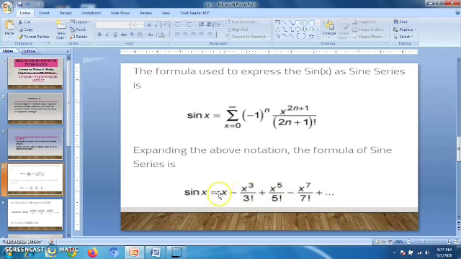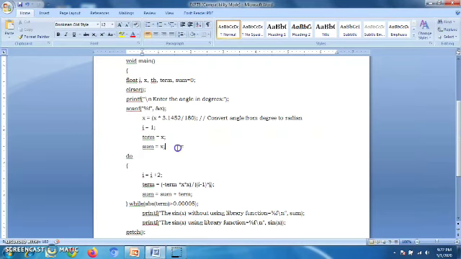So each time you calculate the value of term, it is stored in the variable sum, and in the next iteration, whenever you calculate the value of term, this is added back to the previous variable, that is sum. That we'll see in the program. So that's why we use these two variables, term and sum. Hope you understood the use of these two variables.